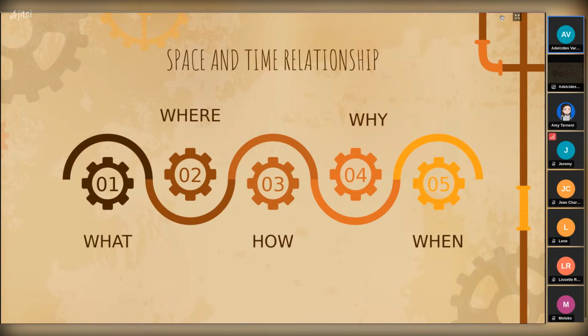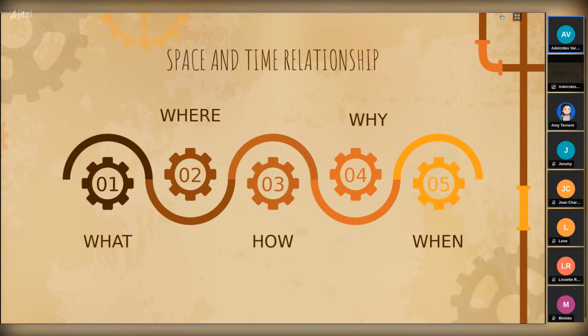But as I said, there's a strong relationship between space and time. I don't know if you know the well-known scientist Neil deGrasse Tyson. I was watching one of his videos a couple of days ago, and he said something that is the type of thing you know but don't really think about.